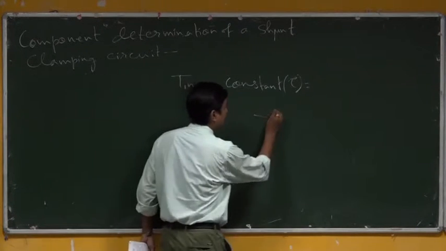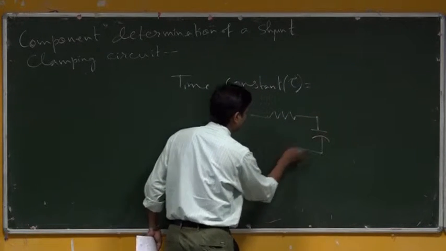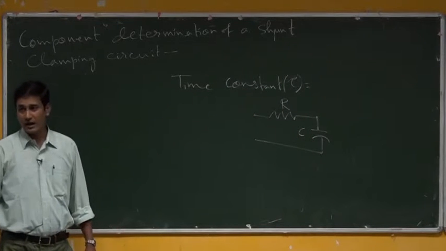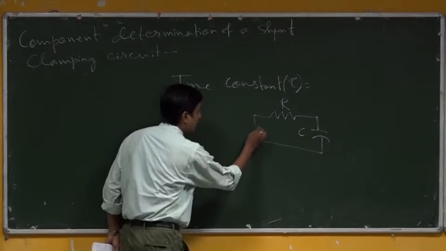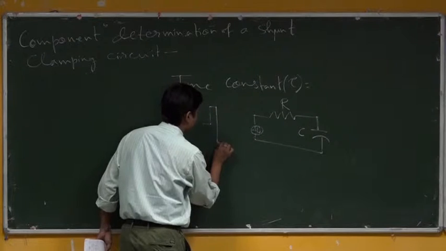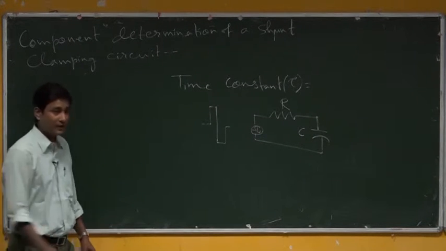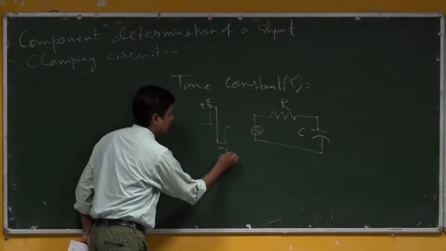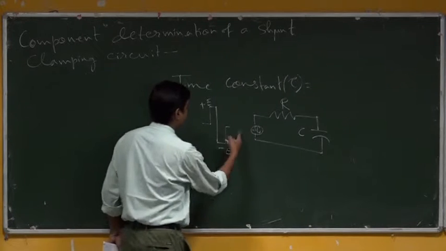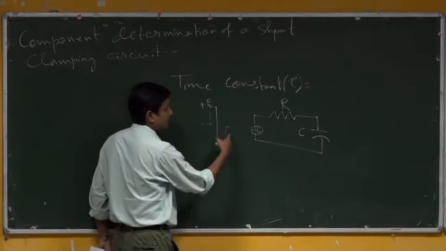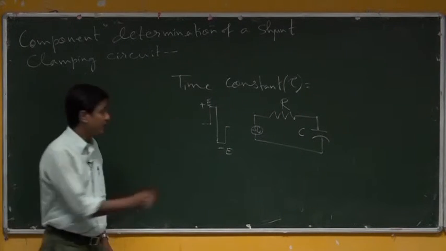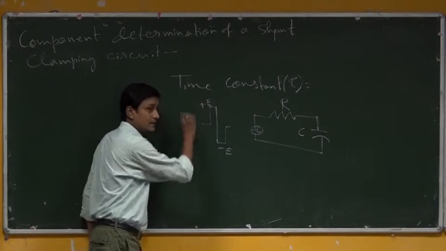Say one capacitor is connected to an electrical circuit, with R and C. In that, you have applied one signal of the kind we were seeing in our earlier class, where the voltage goes from plus E to minus E. Let us begin with this circuitry: if this voltage is applied, what happens to the capacitor charging? At the beginning, when you apply this voltage, it will go suddenly to plus E.